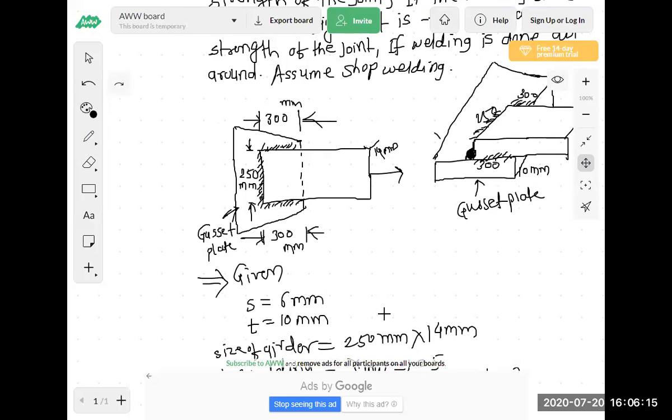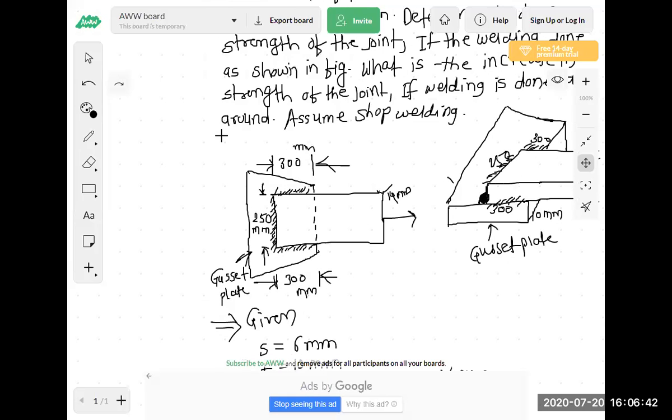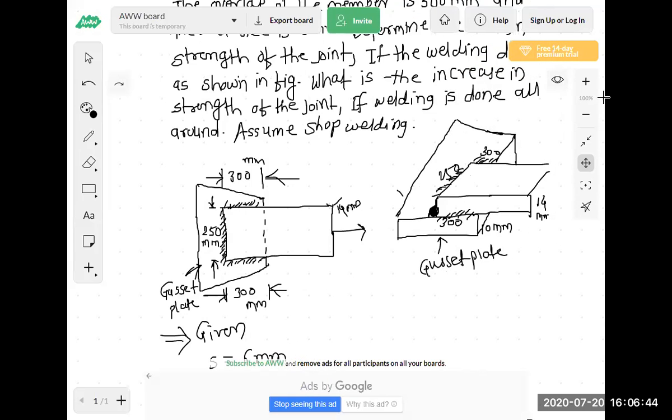If welding is done all around, it means what? See this figure. In this figure, the welding is done on three sides. See, this 300 mm, this 300 mm, and this 250 mm means here three side welding is given. And in the problem statement now, if welding is done all around, it means all four sides, means this side also.